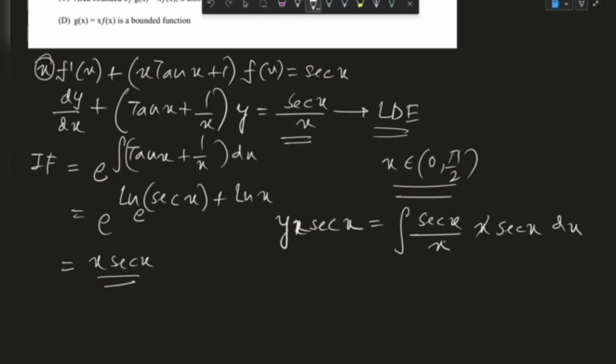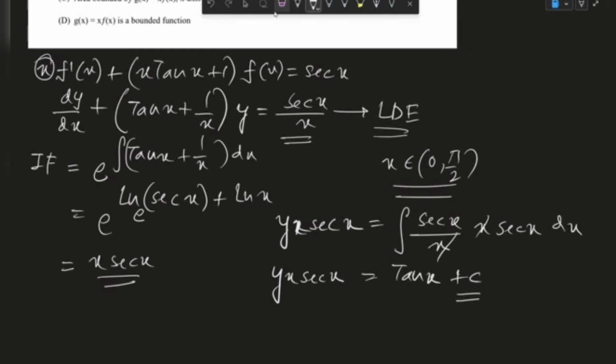So basically x and x get cancelled, and this is integral secant square x, which we know is tan x. So basically our final equation after solving this differential equation will be y x secant x equal to tan x plus c.